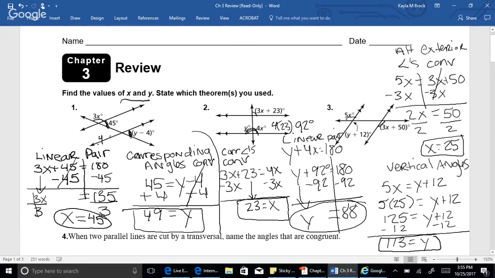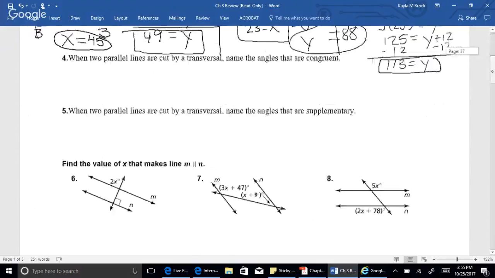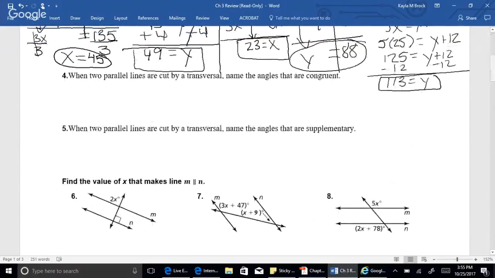Okay. Okay, when two parallel lines are cut by a transversal, name the angles that are congruent.